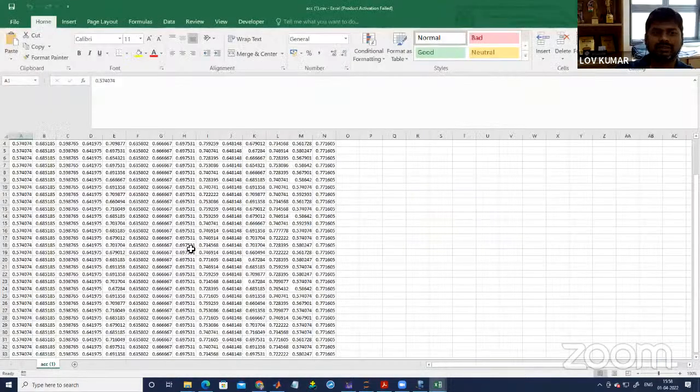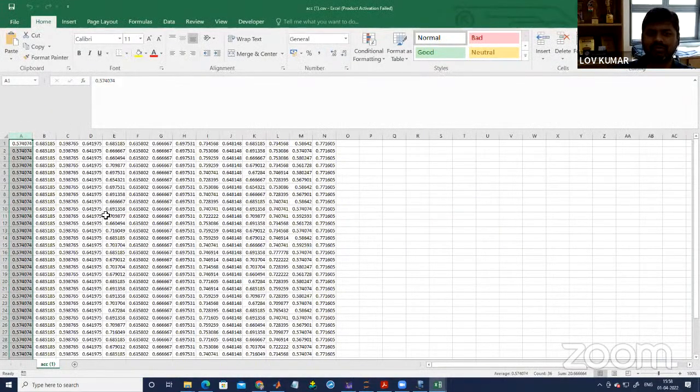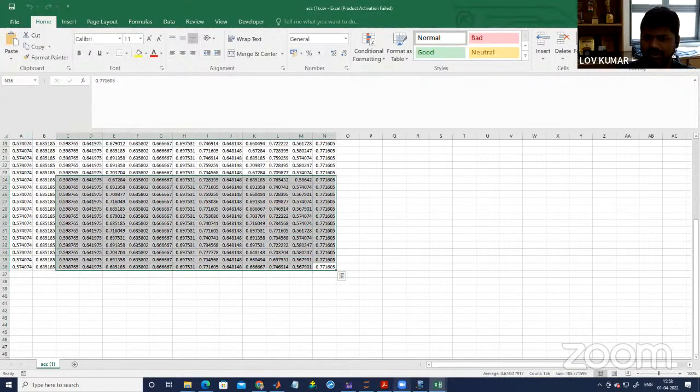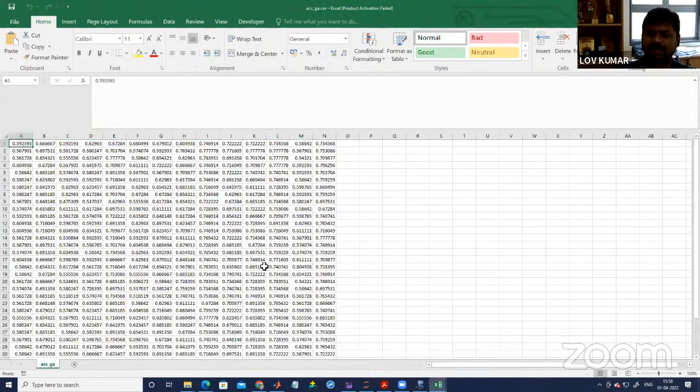So now you can see, this is the accuracy value we are getting for all the features, and likewise here we are getting the accuracy value using the genetic algorithm. If you are using the genetic algorithm, this is the accuracy value we get, and if you are using the normal case, we get a different accuracy value.